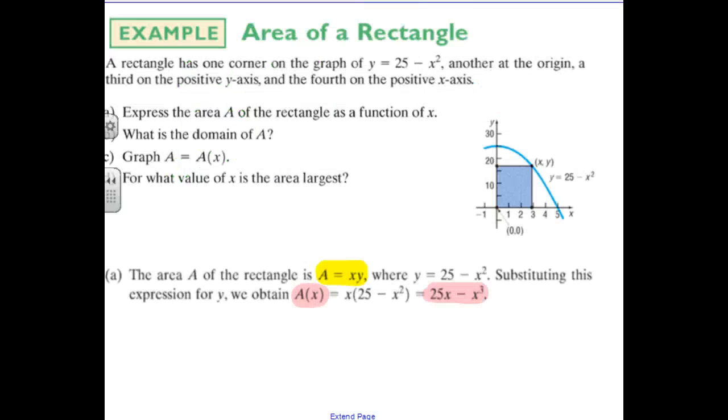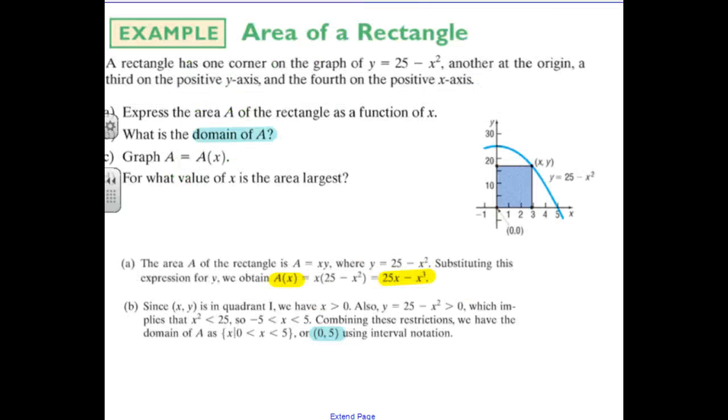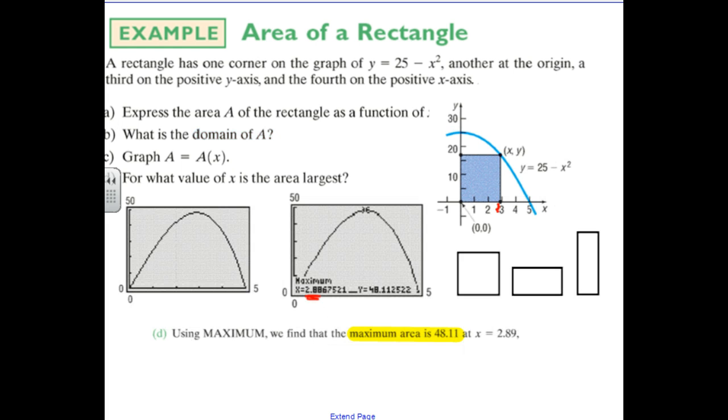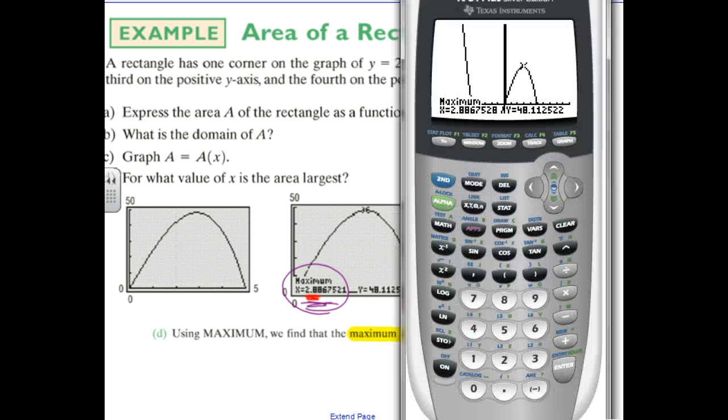Does the author have... Yep, there's the domain between 0 and 5. And there it is. 2.89 is the x value that gives us the maximum area of 48.11, which I think, yep, 48.11. Good, good, good. All right, so that's the second example.